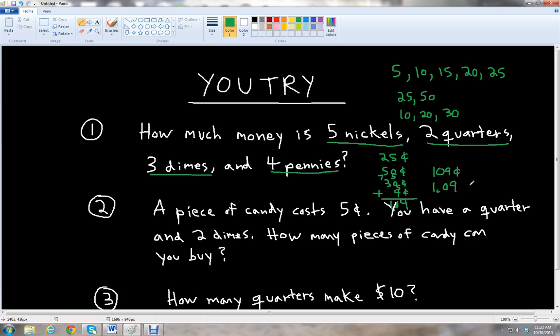So we have $1.09. Or you can write it as just a dollar sign, $1.09. This is probably the better way to write it. $1.09.